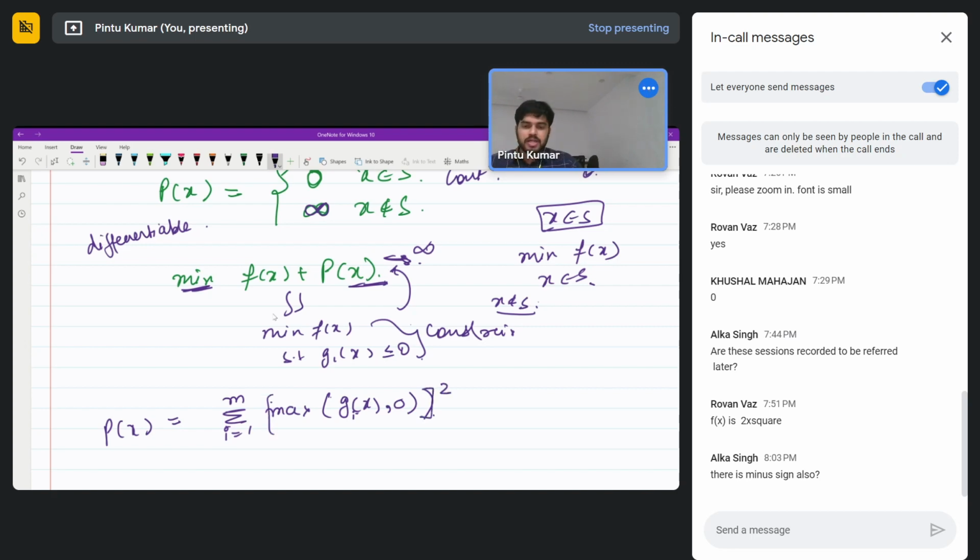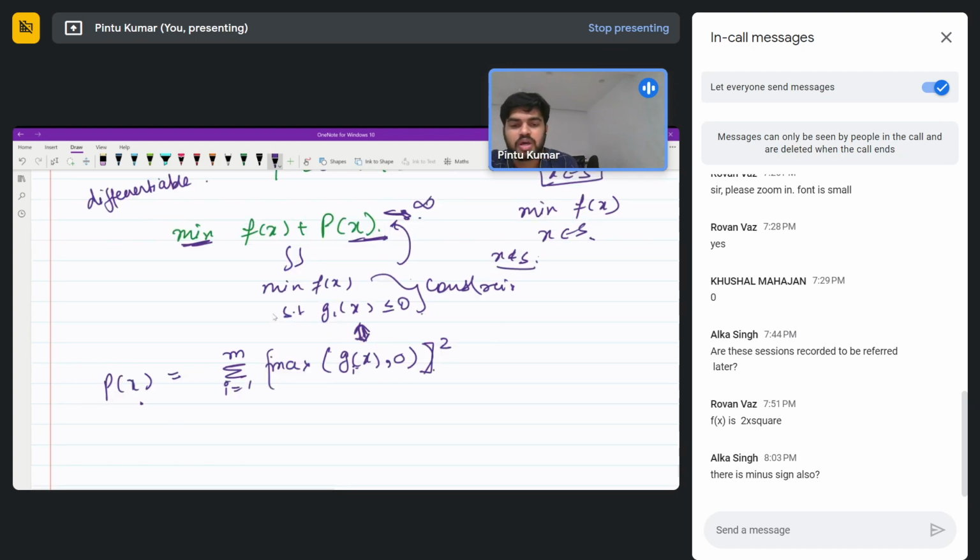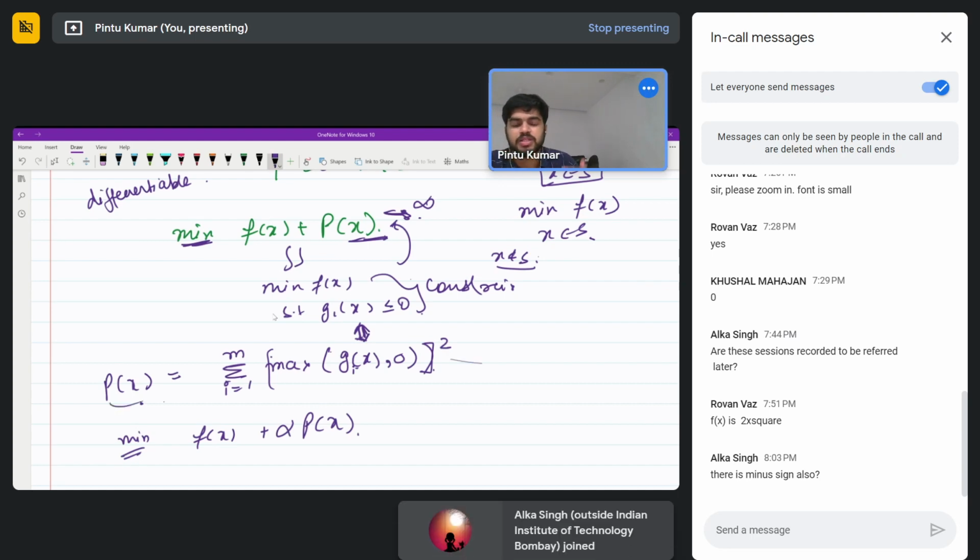So this is an alternate p of x that is proposed. If you look carefully, this would also be similar to your original optimization problem. So now again you can minimize f of x plus alpha times p of x. There can be other alternate penalty functions too, but these two are quite common.